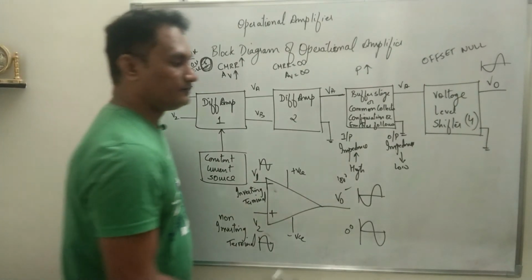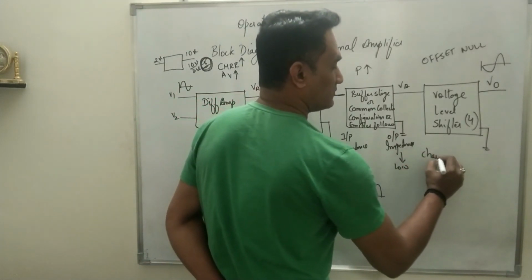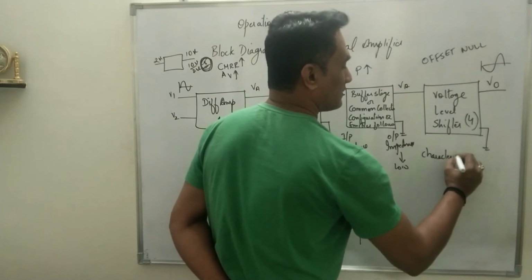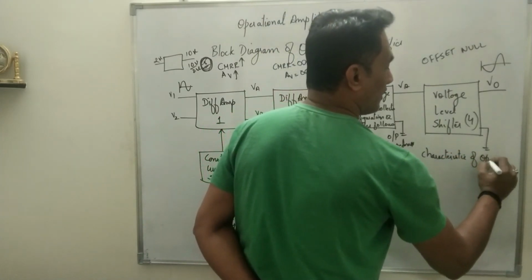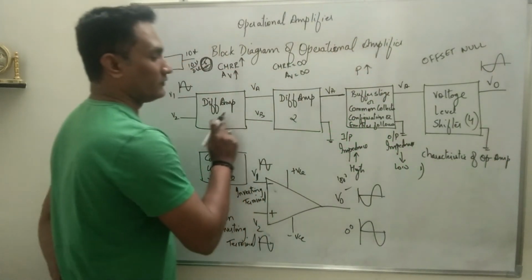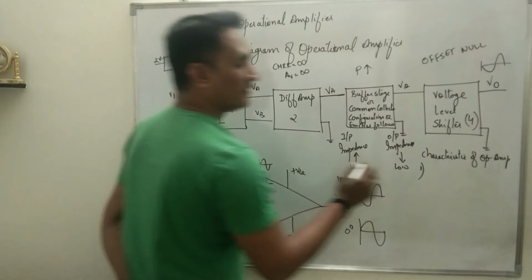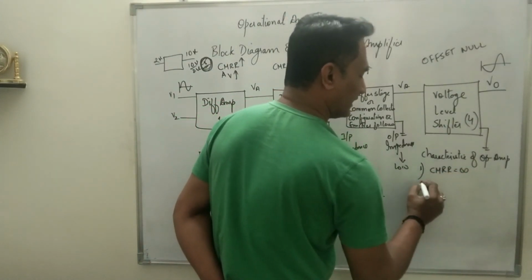Okay, now the characteristics. This question has been asked several times in your board exam. Characteristics of operational amplifier. The first characteristic, what we can see from the block diagram itself, is that CMRR is infinite.